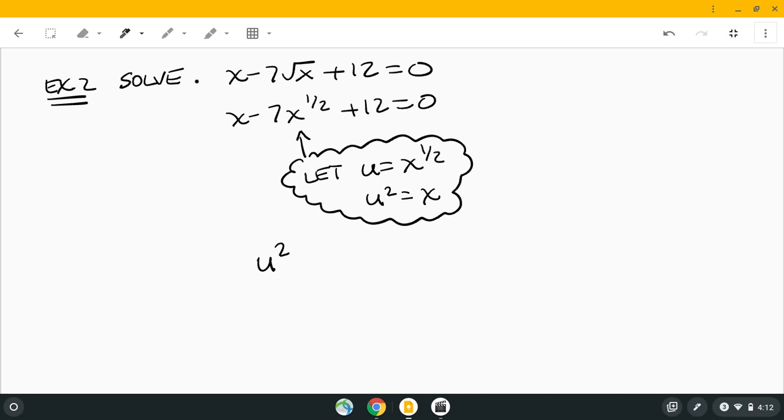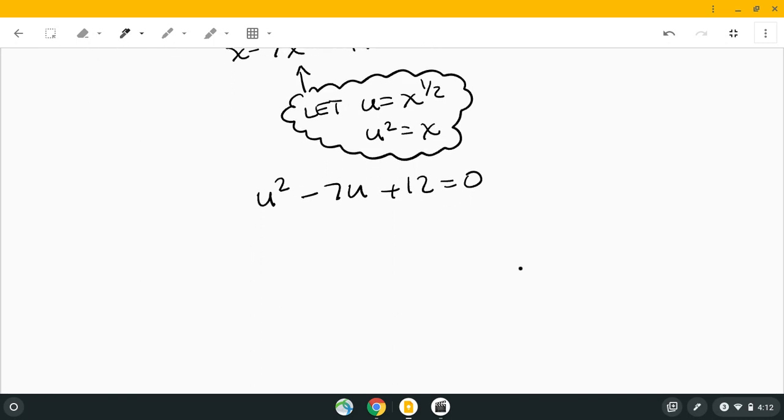And x to the 1/2 equals u, so I'll replace this x to the 1/2 with u. What we're doing here is we know it's quadratic in form, so we do this substitution so that we rewrite it as a quadratic that is more familiar to us.